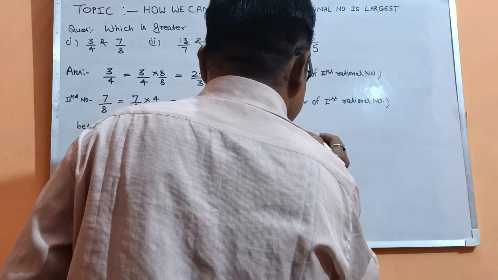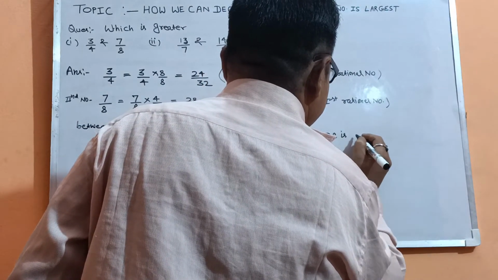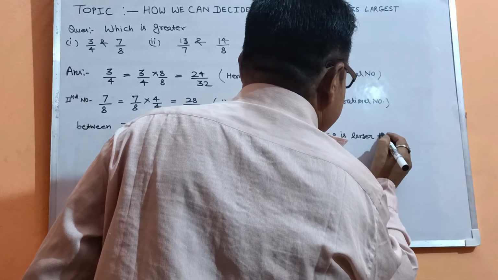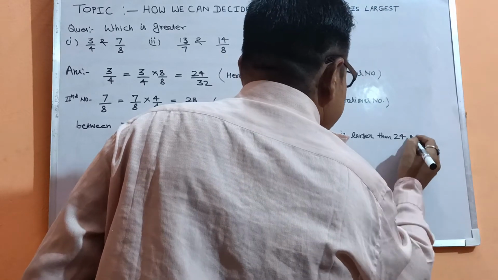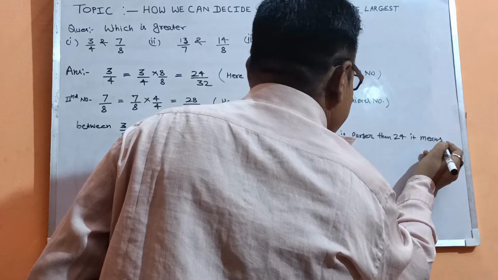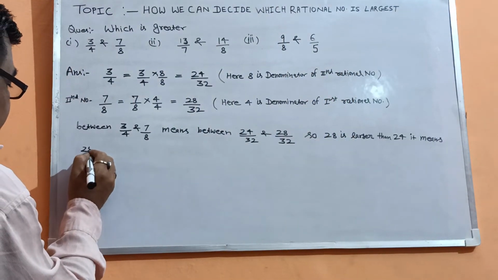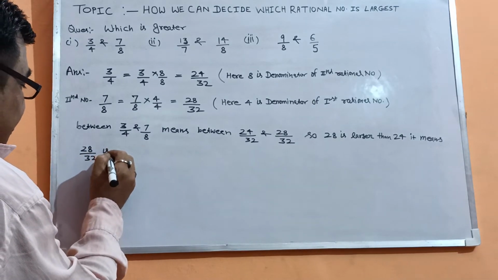So 28 is larger than 24. It means 28/32 is the largest rational number.